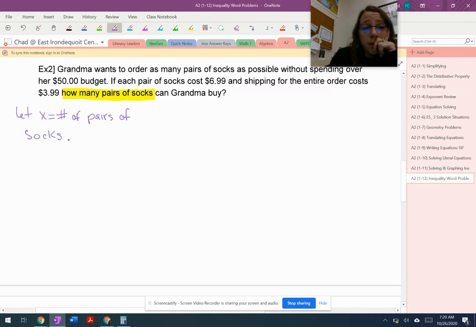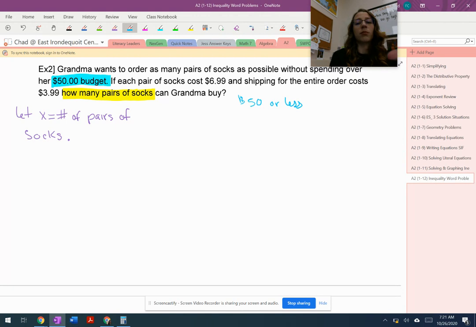All right, so she's got a $50 budget. That's kind of significant there. $50 budget, which means that if she's got a $50 budget, she cannot spend more than $50. And if she can't spend more than $50, that means that she can spend $50 or less, which would be less than or equal to 50.